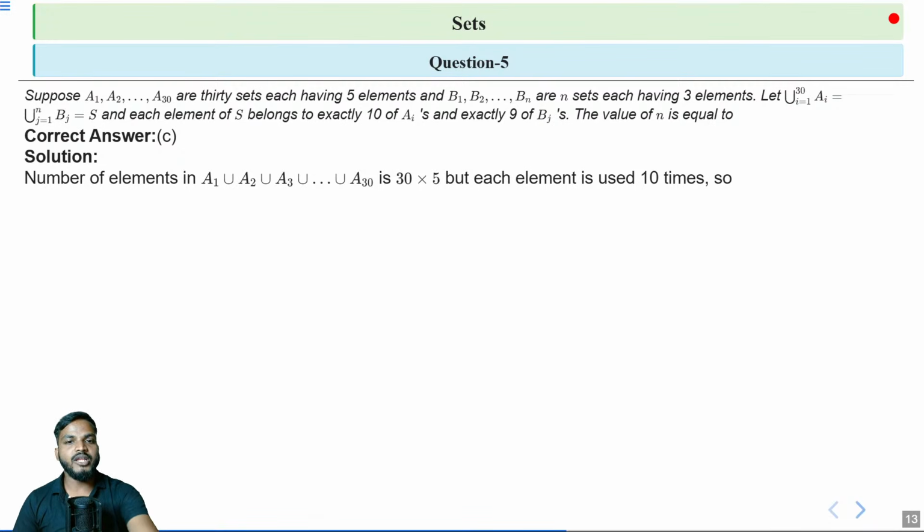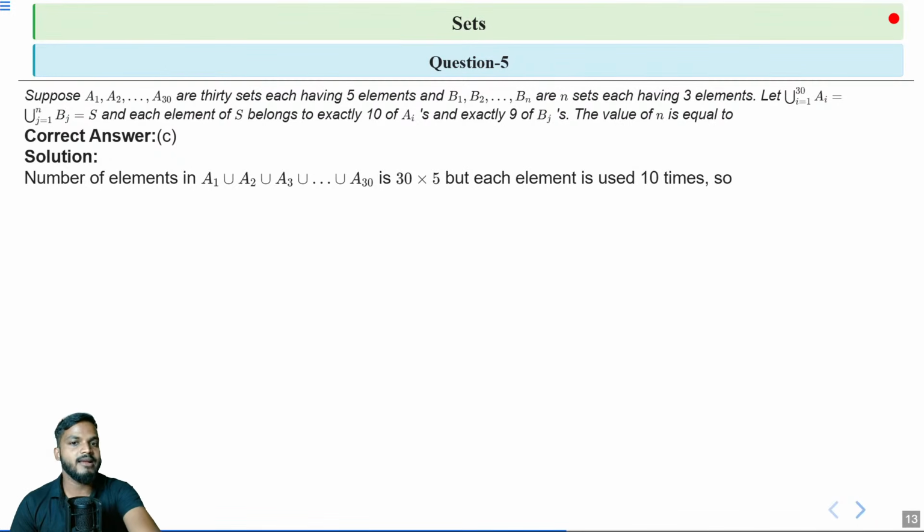If we are talking about the union of all Ai, there are a total of 30 sets A1, A2 up to A30, and we take the union of A1, A2, A3, up to A30. How many elements are there in total? If all the sets Ai were disjoint, then the number of elements in this union would be 30 into 5.